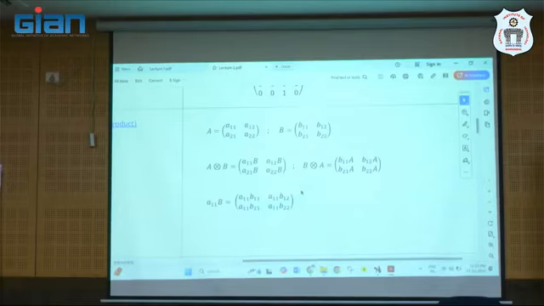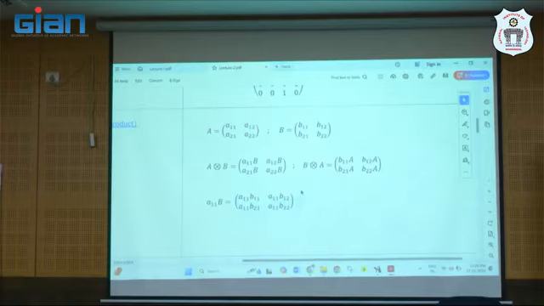Tensor product can be done for any two matrices. For example, suppose I have this matrix A and B. For now, they are 2 by 2 matrices. I take the first entry here, multiply with B. A11 times B. What is A11 times B?